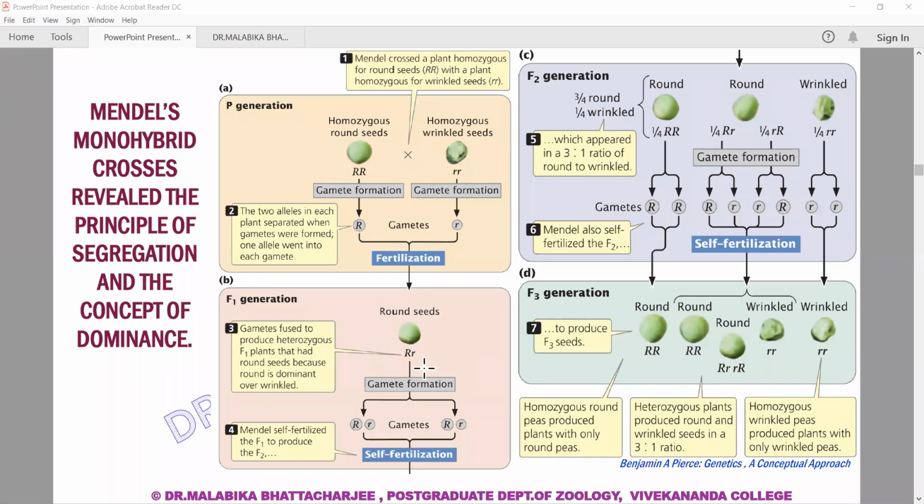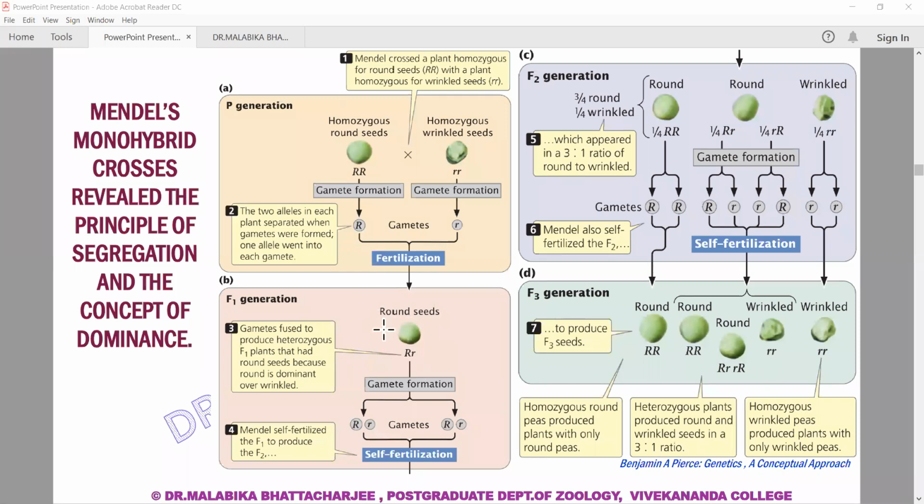When dominant and recessive alleles are present together, the recessive allele is masked or suppressed. The concept of dominance was another important point that came up from Mendel's monohybrid cross.